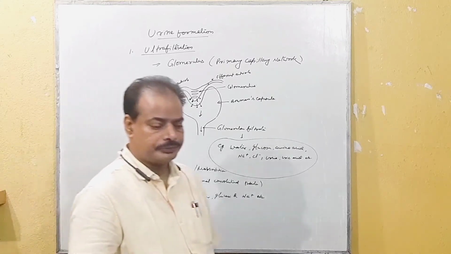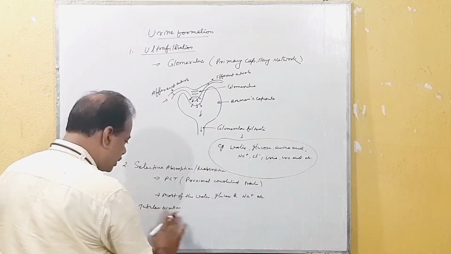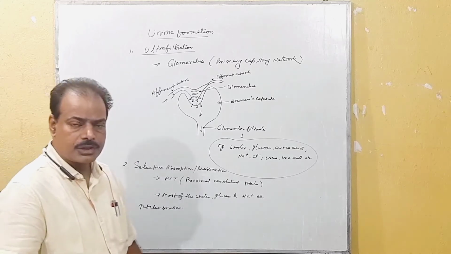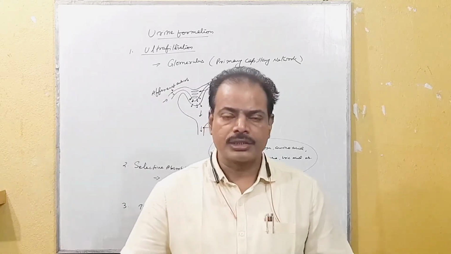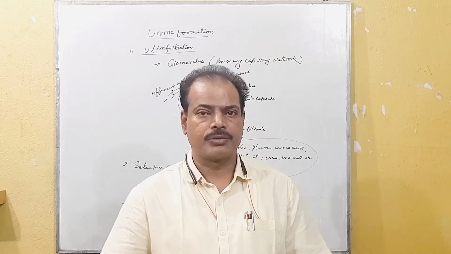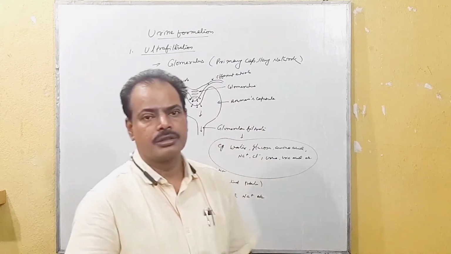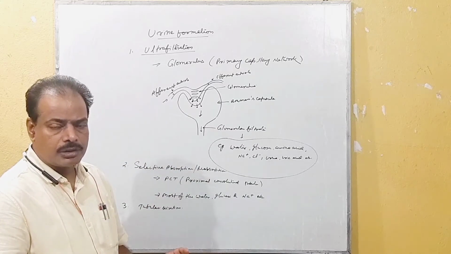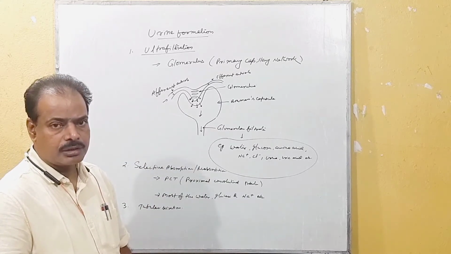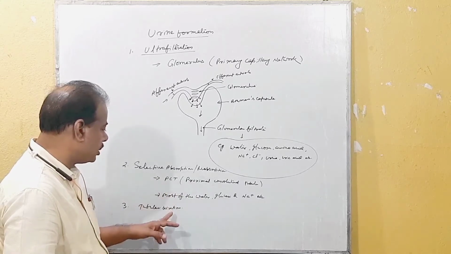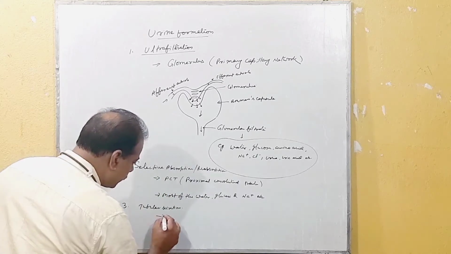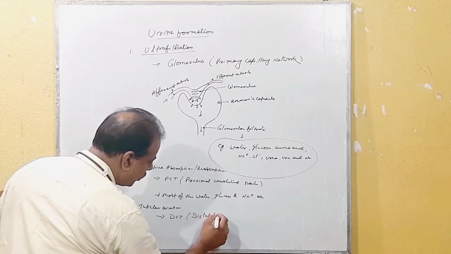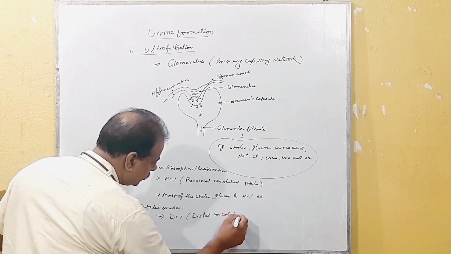It is the third step involved in urine formation. Here, excessive amounts of sodium chloride, potassium chloride, and many types of drugs such as antibiotics, etc. are poured into the glomerular filtrate from the wall of the DCT. So DCT, which is the distal convoluted tubule.